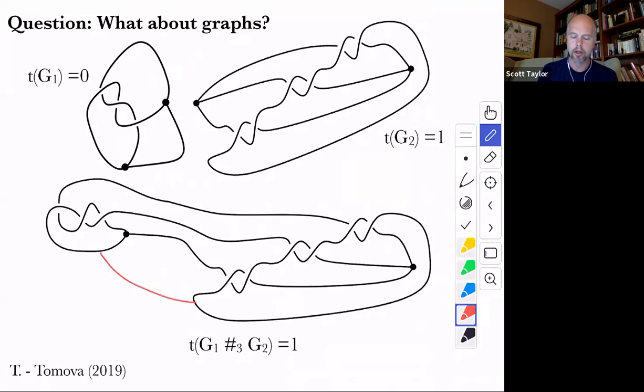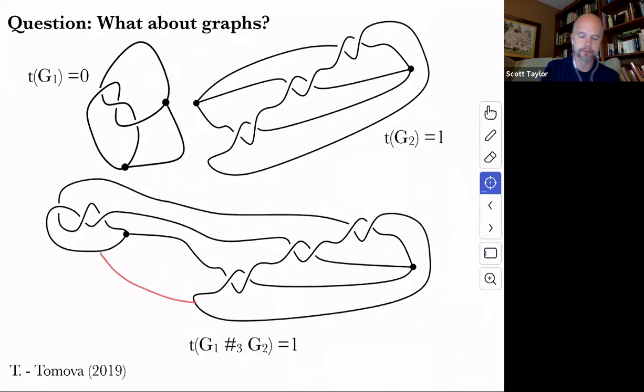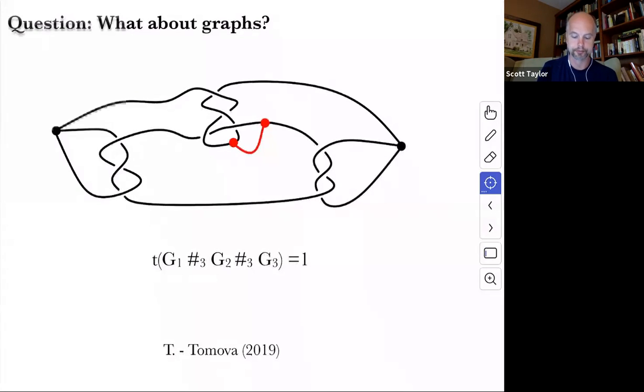Okay, now, one thing to notice is that we've seen that this theta graph actually has tunnel number 0. So maybe if we're aiming for some sort of additivity result, maybe tunnel number should be additive or at most additive plus 2, something like that. Maybe the 2-bridge thing doesn't bother us too much. Well, here is another example.